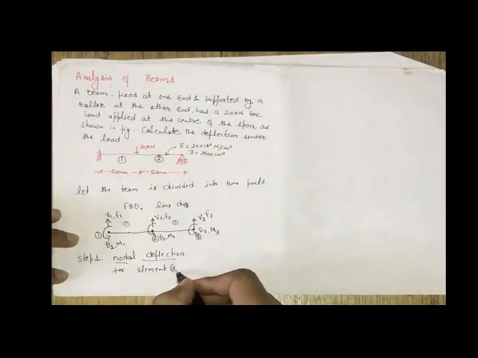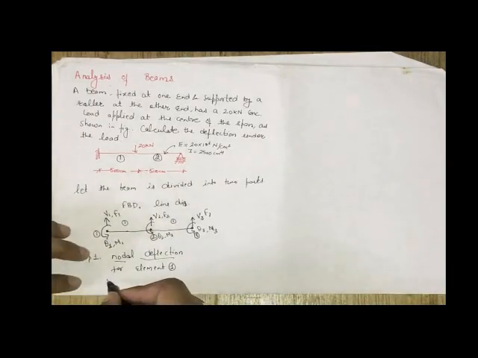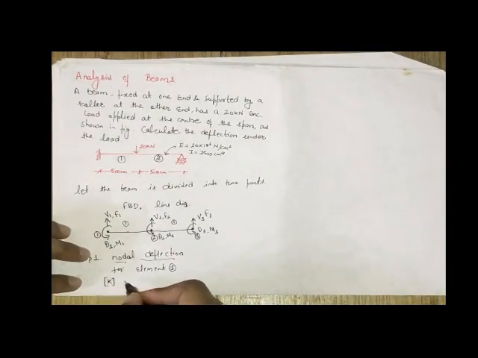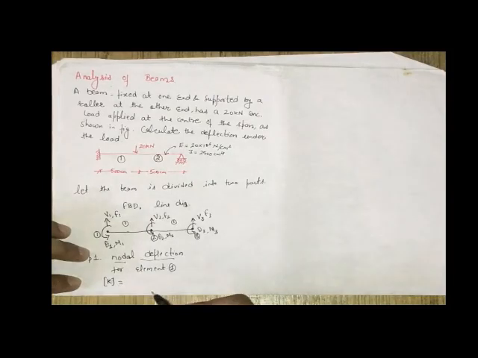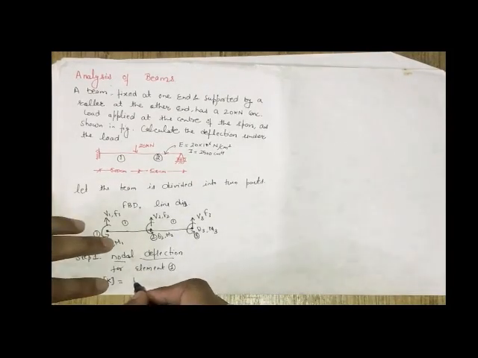The stiffness matrix for the beam element, that is K, is common for all the elements: EI by L cubed.